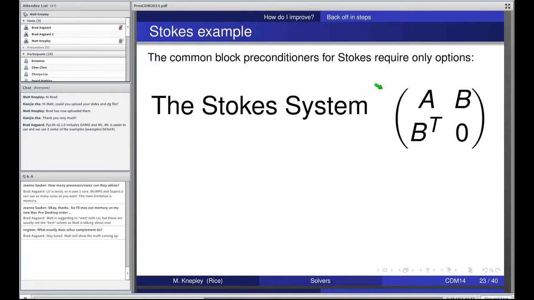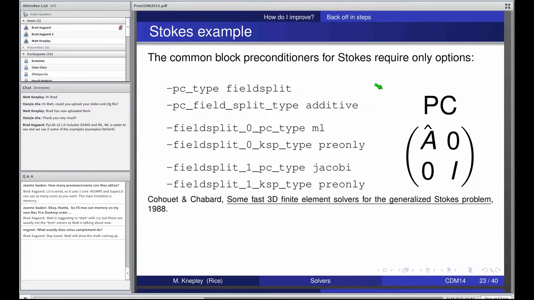So how might you solve this? Well, the most common thing to do is to say, why don't we solve the momentum block by itself and the mass block by itself? We don't really know how to do the mass block now, so we'll just keep the same pressure but solve this equation above.